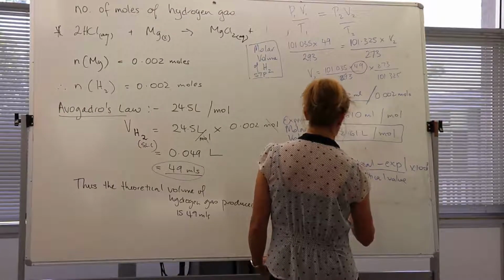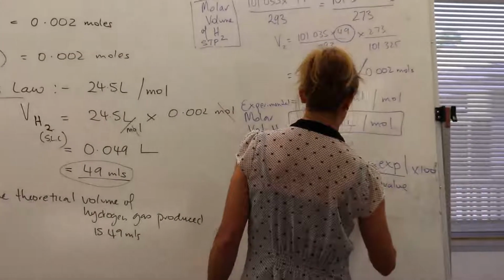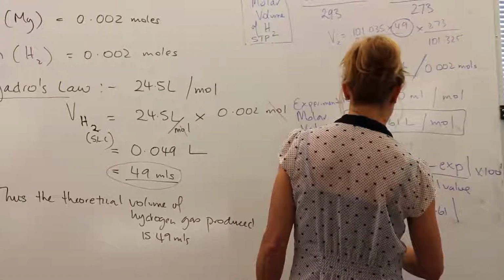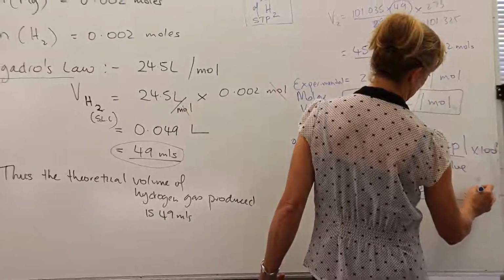It's going to be 22.4 minus 22.61 all over 22.4 times 100.